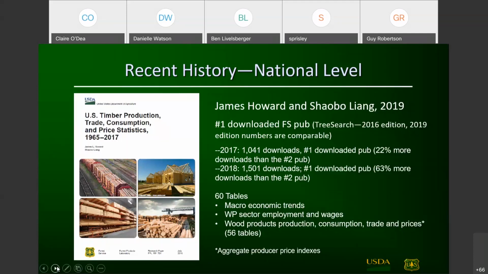The title doesn't sound all that exciting, but I want to point out that this is among Forest Service Research and Development's most downloaded publications. Unfortunately, James Howard retired in 2019, and the Forest Service is looking to replace the lost capacity, but firm plans have not yet emerged. In the meantime, we've been relying on ad hoc work to meet some of our most pressing wood products reporting requirements and data calls.